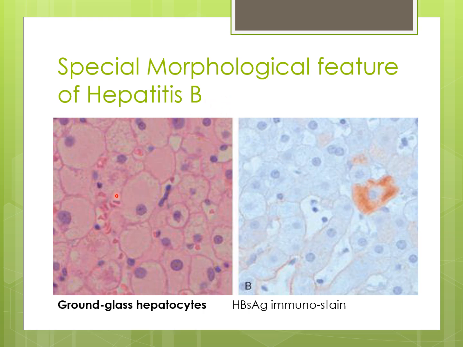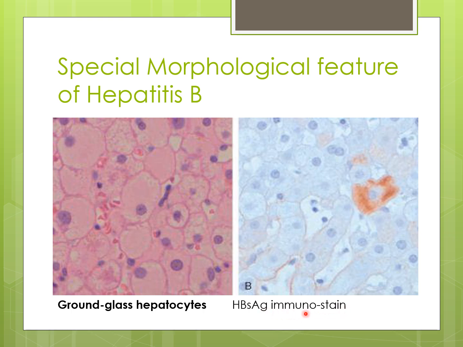That is why I'm mentioning that when there's hepatitis B infection, we are able to see some changes. We call them ground glass hepatocyte. The cytoplasm of the hepatocyte looks like ground glass. This is a feature of hepatitis B. We then do the special stain, immunostain.